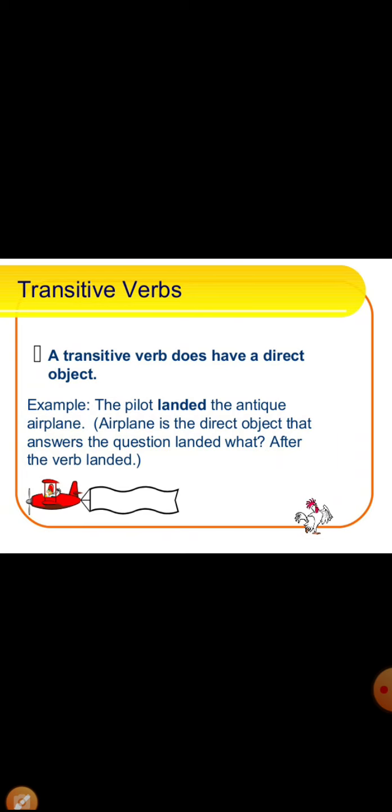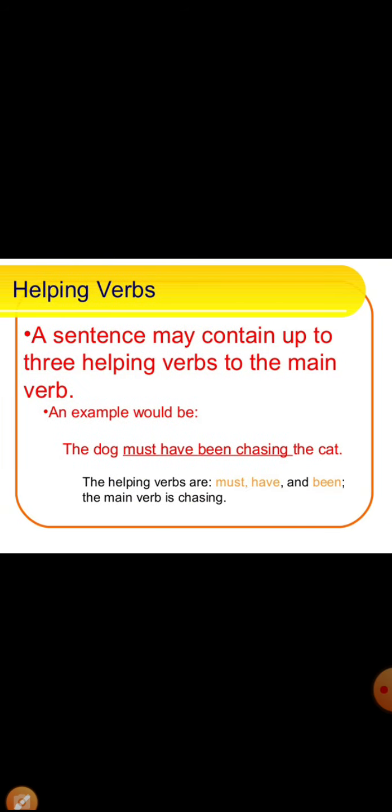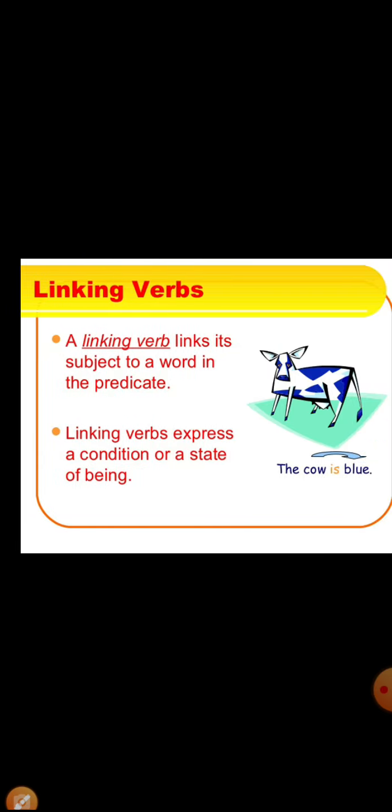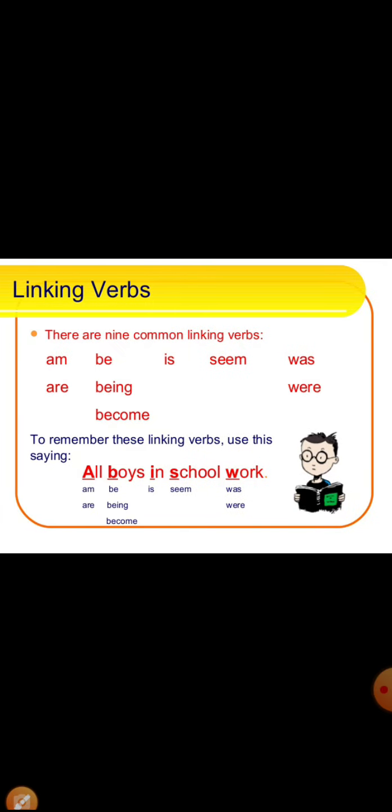Now we are going to study transitive verbs and intransitive verbs. Linking verbs, as I told you earlier, connect the subject to a word in the predicate, and the linking verbs are is, am, are, was, were, be, being, become, and seem.